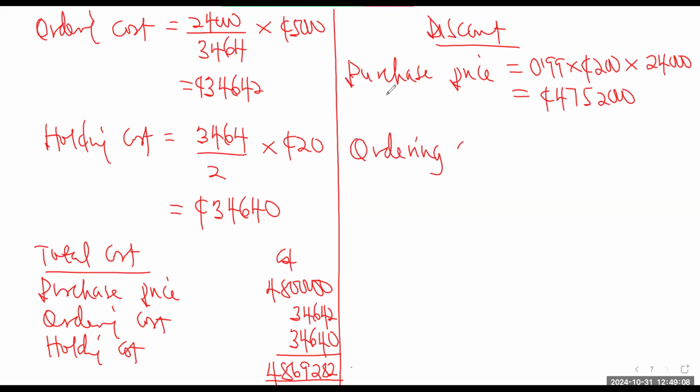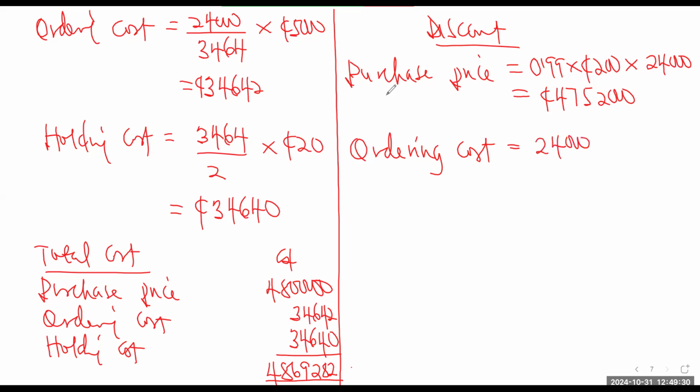Our ordering cost now, it doesn't change the fact that at the end of the day, they will be buying 24,000, isn't it? Yes. But every order is 4,500. So how many orders do we have to place to get the 24,000? So 24,000 over 4,500, 5.33.